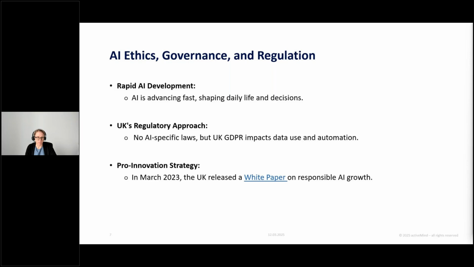In the UK, we have no AI-specific laws at the moment, but other laws like the UK GDPR impact the use of AI to quite an extent, especially when personal data is used or automated decision making is in place. So there are certain restrictions placed on AI systems and technology by the UK GDPR and the Data Protection Act.